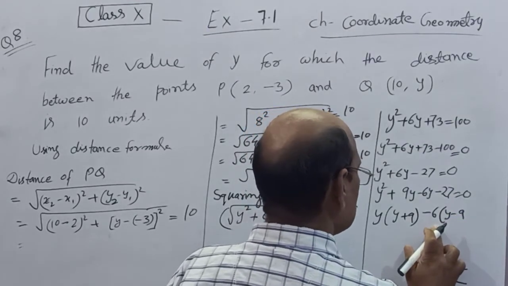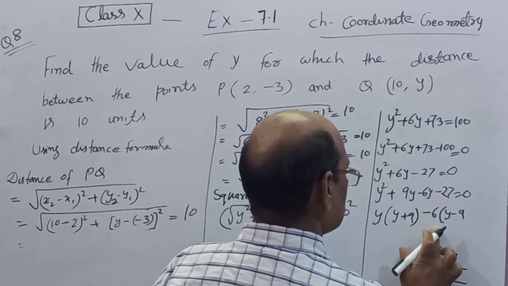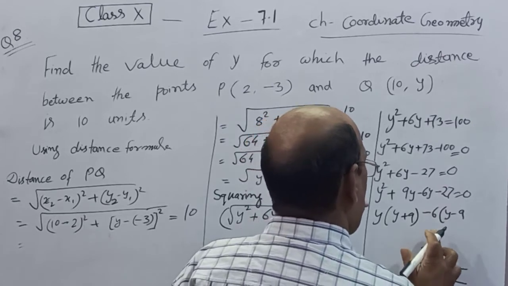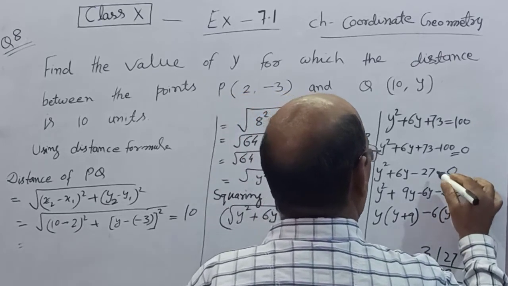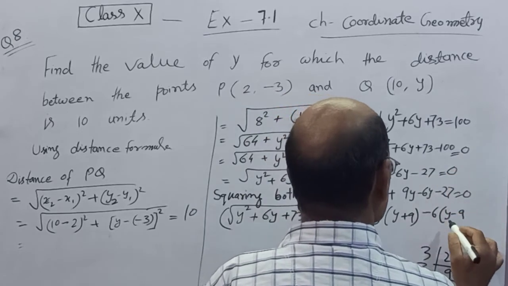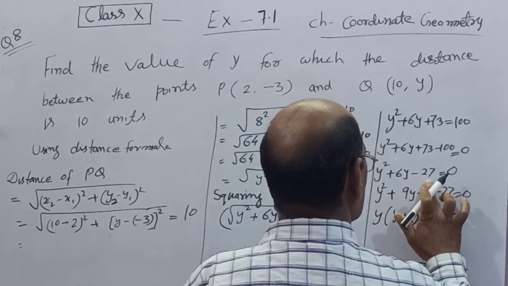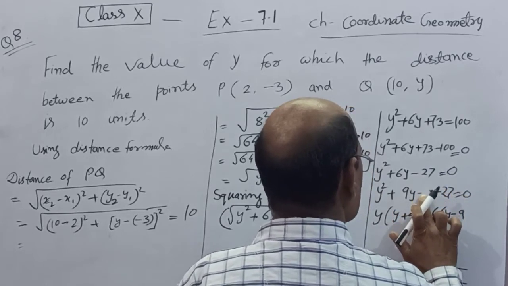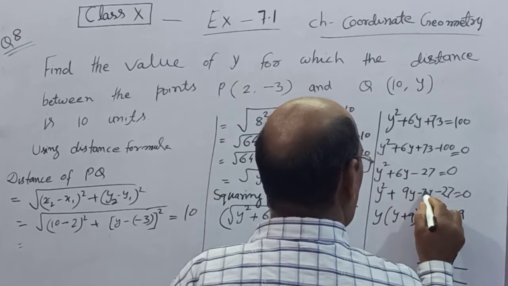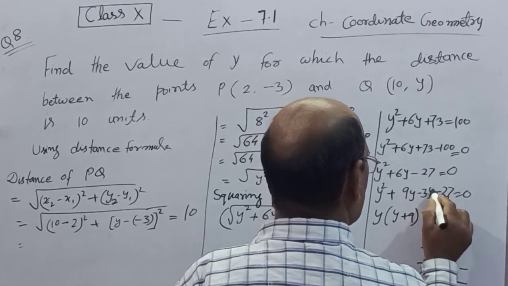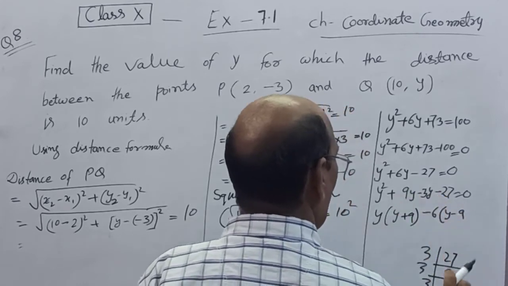9 minus 3 is 6, so 9y minus 3y is equal to 6y.